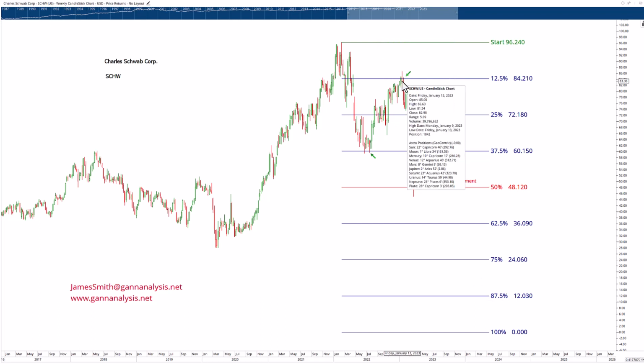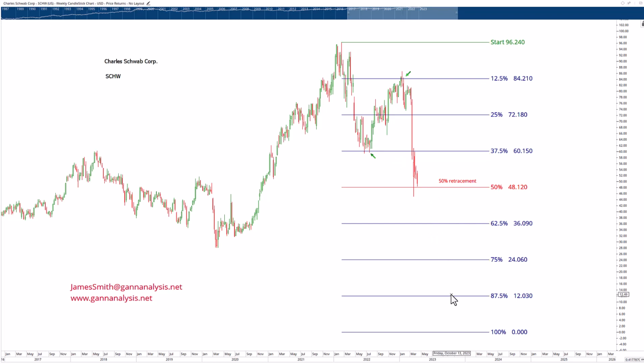There is a lot of symmetry to the market. People don't recognize it. And it's not that you can always forecast the market, but you can be open to what the market gives you.